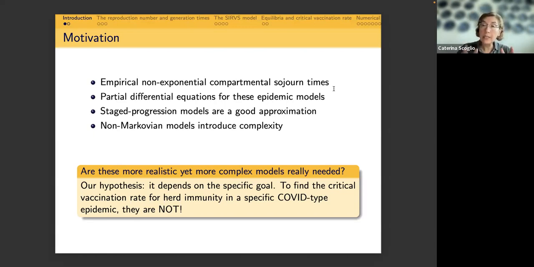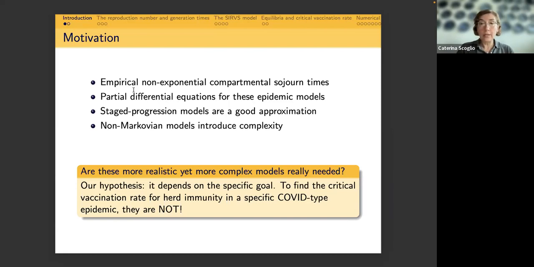Since Markovian models are based on exponential compartmental sojourn times, all the modeling based on Markovian assumptions cannot be used, based on this empirical determination of these sojourn times. This non-exponential distribution implies that we need to use partial differential equations to take into account these non-exponential distributions, and these partial differential equations are kind of complicated.